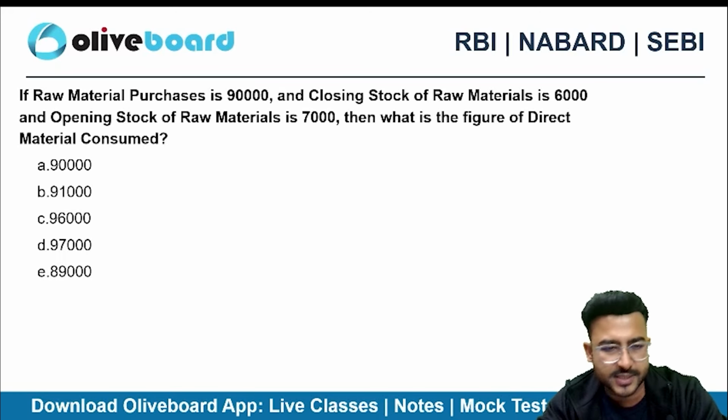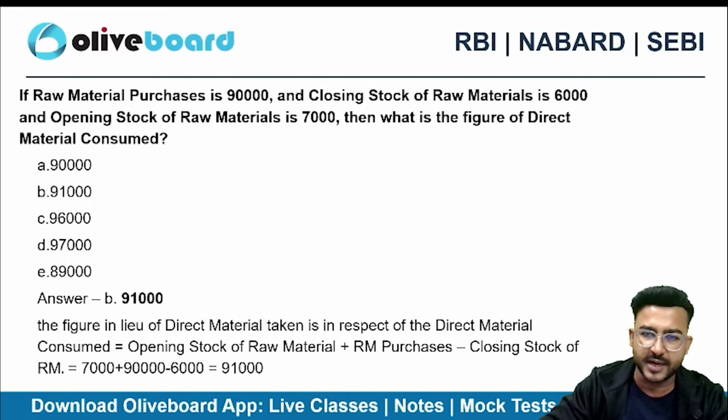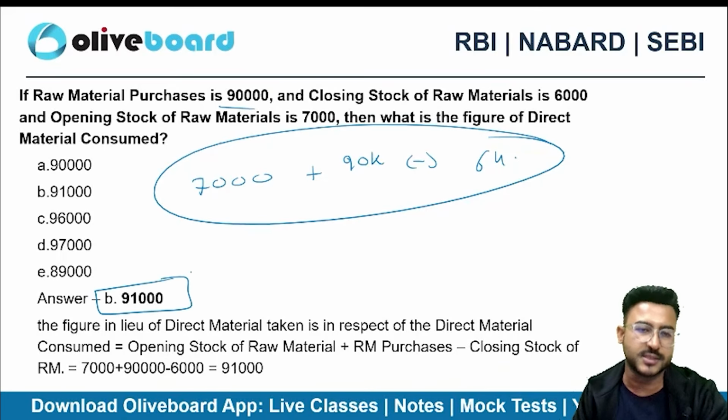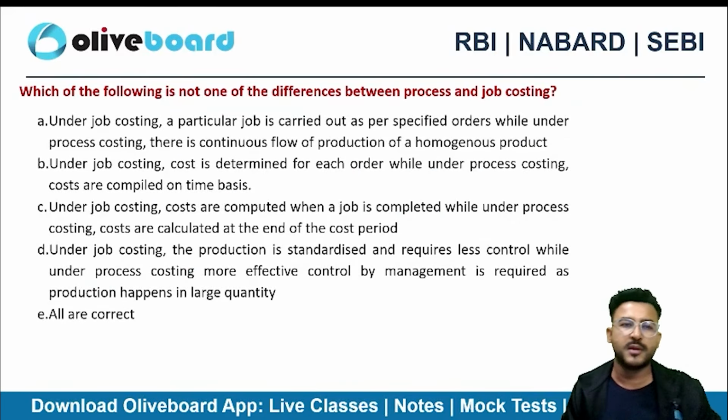The correct choice here will be 91,000, right? So they have given me the opening stock of raw material, which is 7,000, plus the purchase is 90,000, minus the closing stock, which is 6,000, right? So this gives me 91,000. Next one.